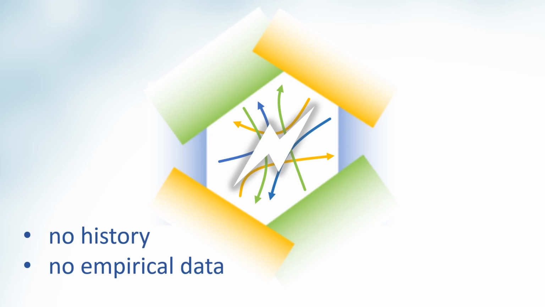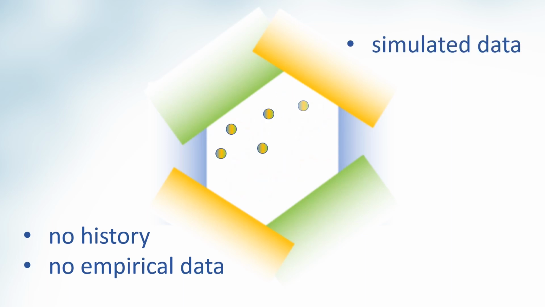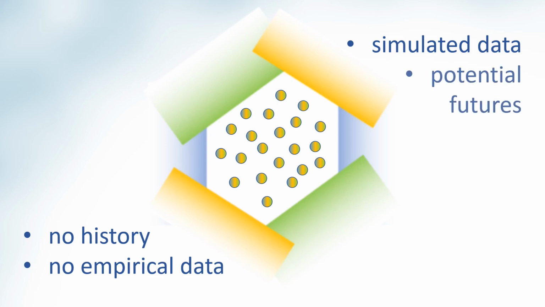Number 3. Instead, we simulate values within the established problem boundaries. With this simulated data, we are creating something like a myriad of potential futures. Thousands and thousands of outcomes that are consistent with and possible within our understanding of the situation.